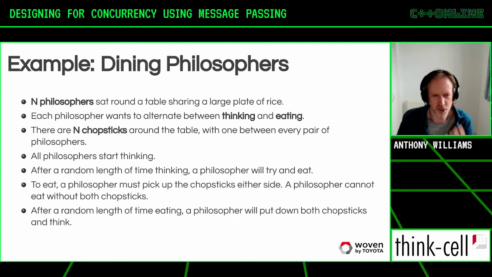So the crux of the design as a multi-threading issue is how do we make sure that the philosophers get to eat, and we don't get the case where every philosopher has picked up one chopstick and nobody gets to eat. That's the crux of the problem we're trying to solve.